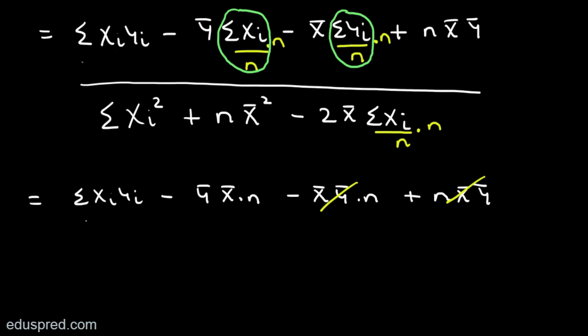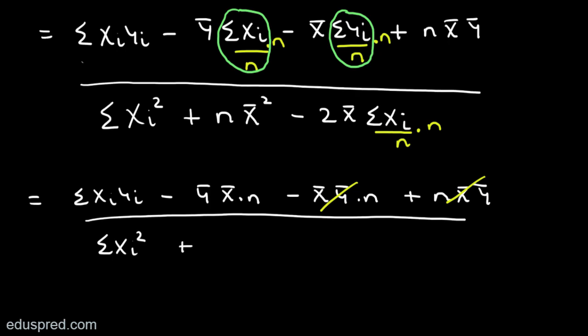And now let's write the expression for the denominator. So in the denominator we get summation capital Xi square plus n x bar square minus 2 x bar. Now see, this becomes x bar and you already have an x bar here. So this is x bar multiplied by x bar, so this becomes x bar square multiplied by n.